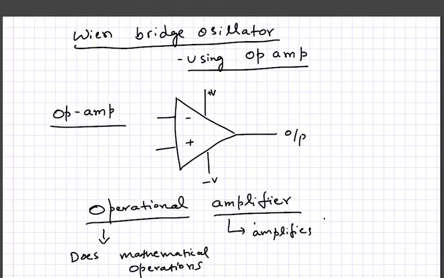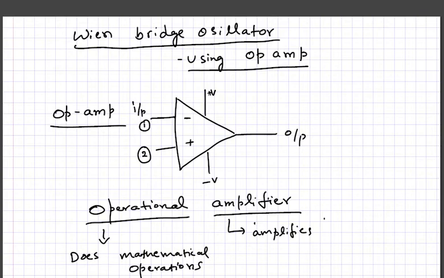Look at the image here. More important is to understand this image. So here are the two inputs. You can give two inputs to an operational amplifier, just say op amp.